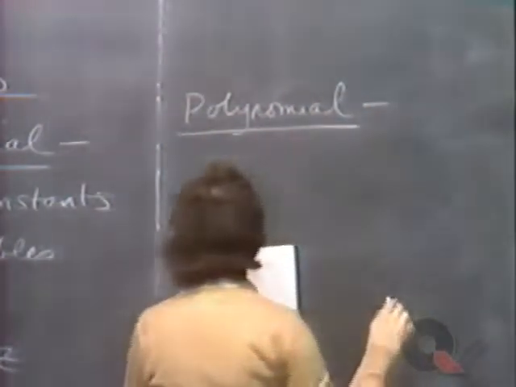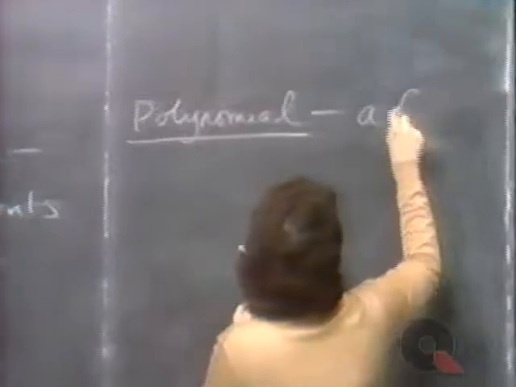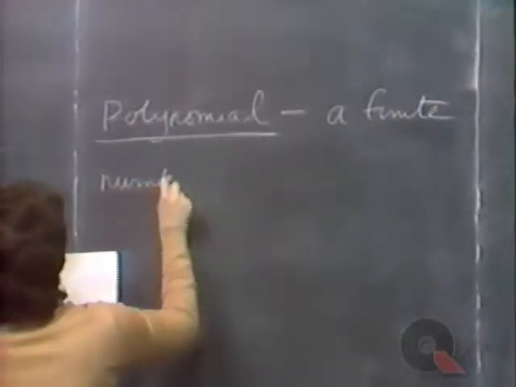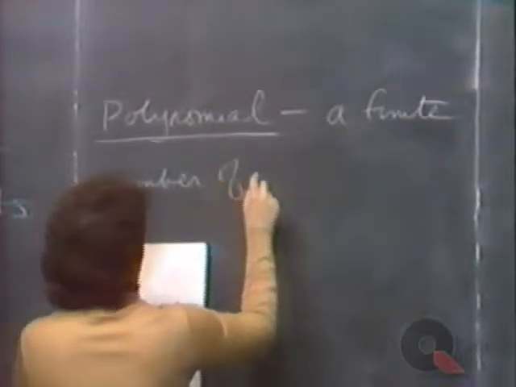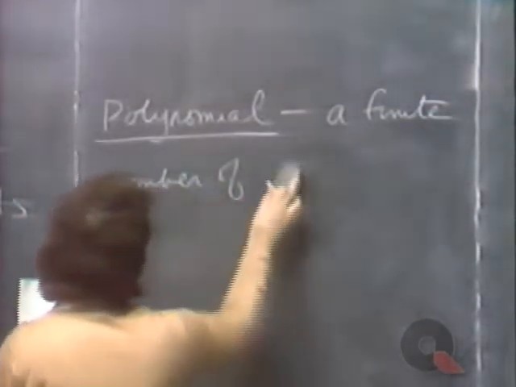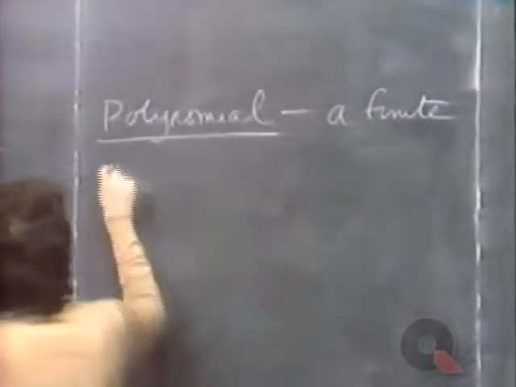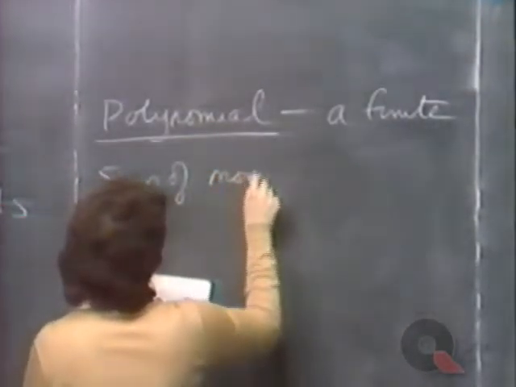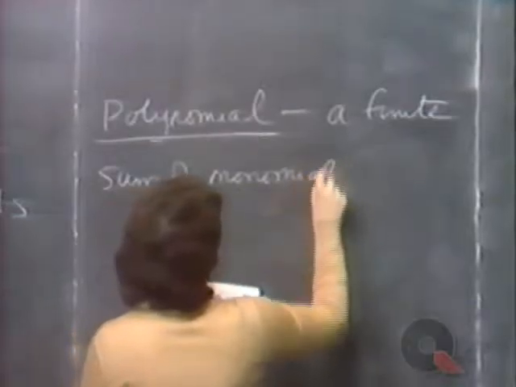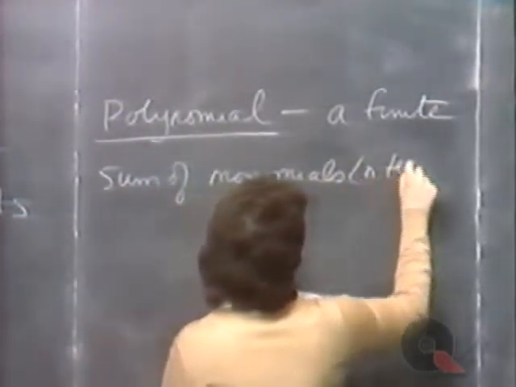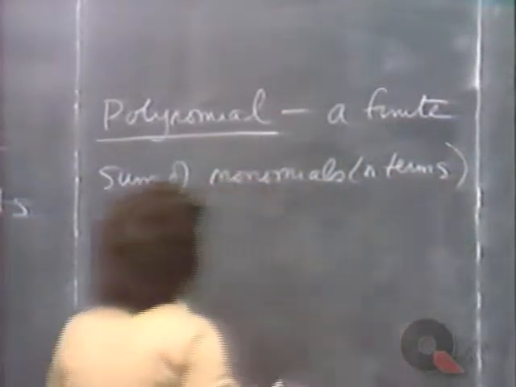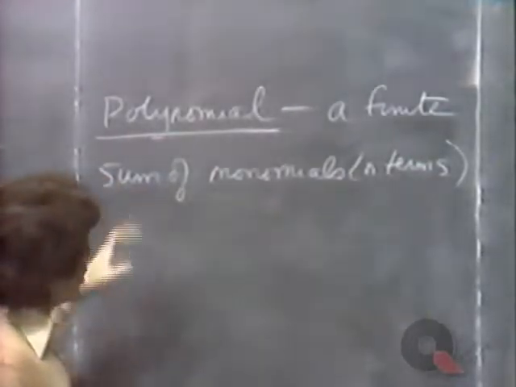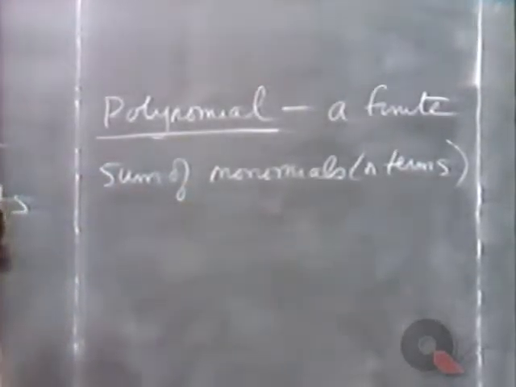A polynomial is a finite sum of monomials or terms. You're going to add up a certain number of these terms or monomials, and what you get we will call a polynomial.